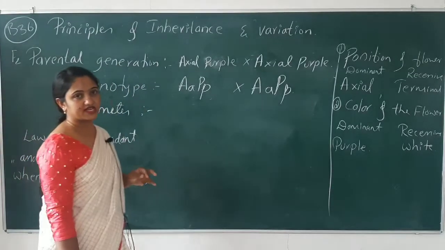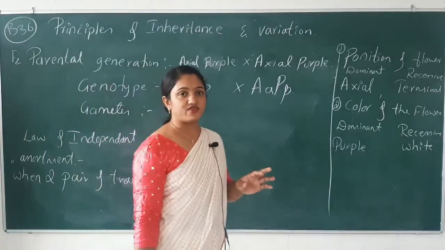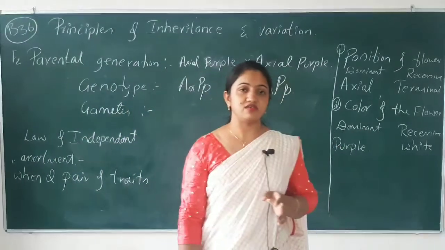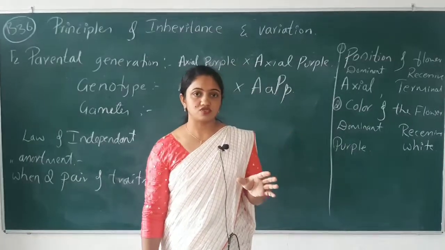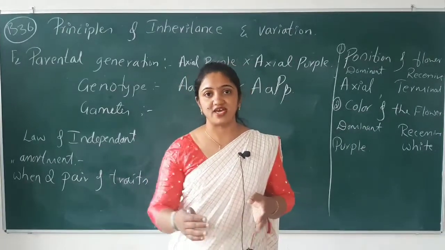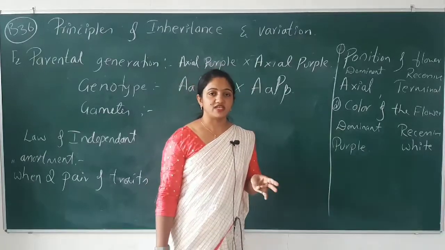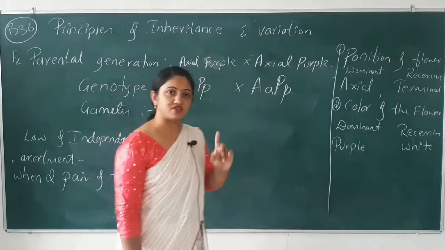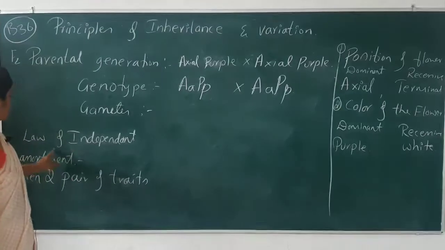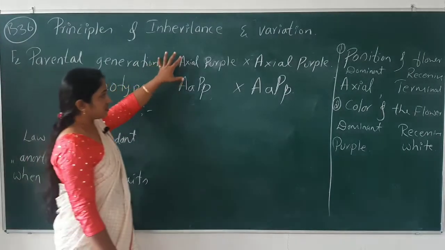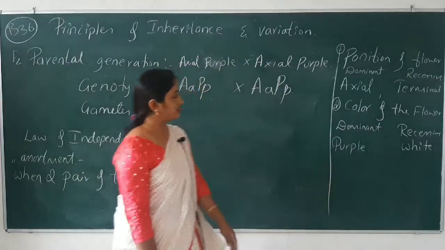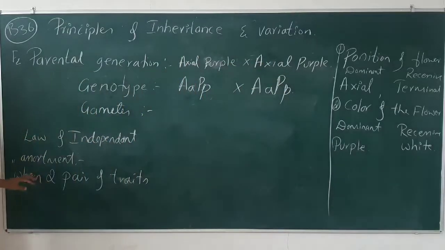But the law of segregation and law of dominance we came across when we completed the monohybrid cross. If we have understood the monohybrid cross, we can define the law of segregation and law of dominance. But if we want to understand the law of independent assortment, we have to understand the dihybrid cross. Okay. So, what does it state?